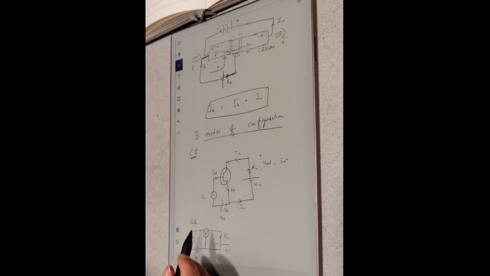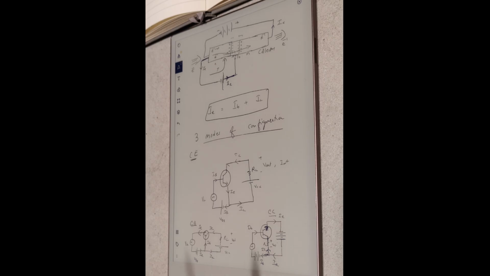My emitter is right here. Remember, the arrow tells us the direction of the current. So IE flows this way, then IB flows this way, and IC flows this way. We are measuring the output this way.